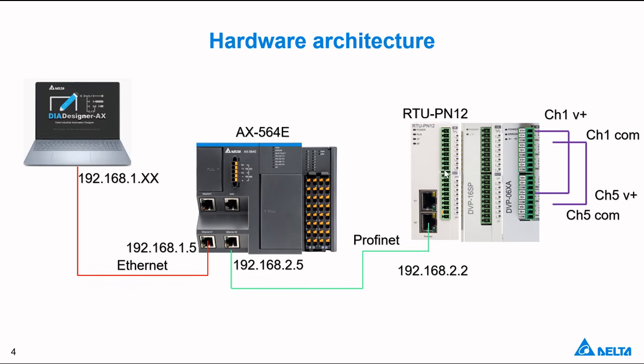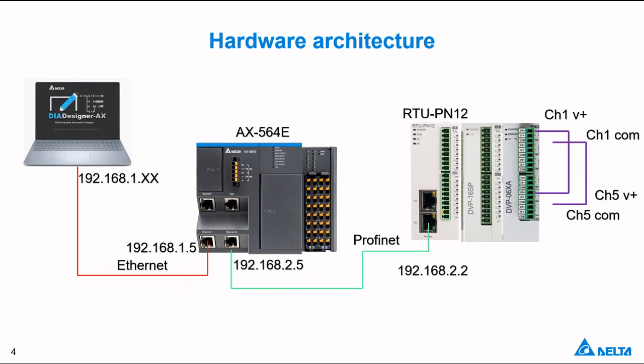We will connect to the RTU-PN12, and the IP is 2.2. We will put the wiring for channel 1 and channel 5. The 06XA has 2 analog outputs and 4 analog inputs, so we use the channel 5 output voltage to channel 1.